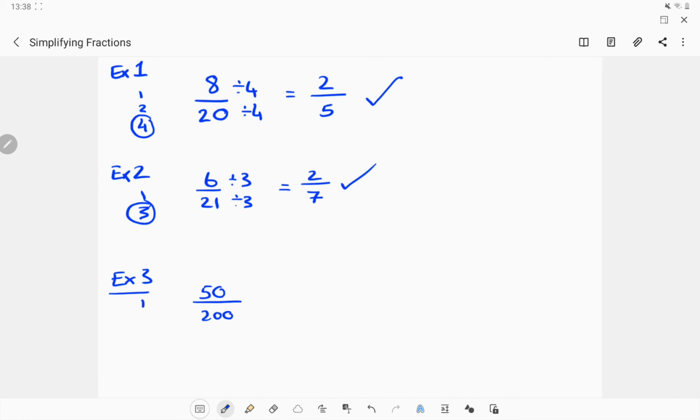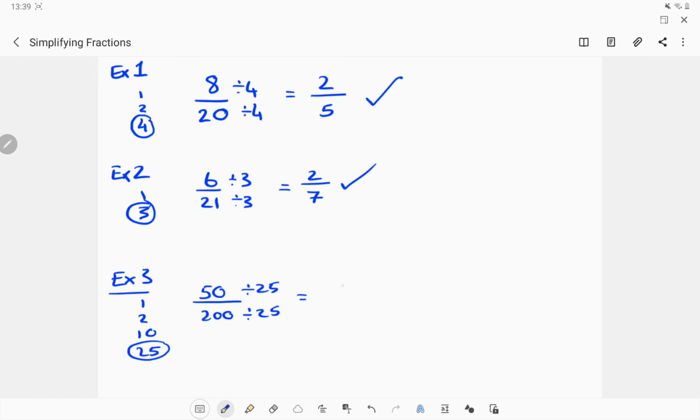Because you'd spot the 1, you'd spot the 2. Hey, maybe you spotted 10. You may even have spotted 25. But say hypothetically you hadn't spotted that 50 goes into both of them. In this situation, you pick the highest one you saw and you divide by that.